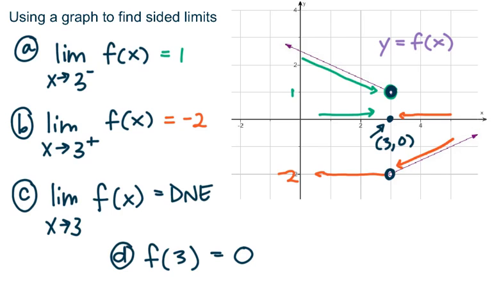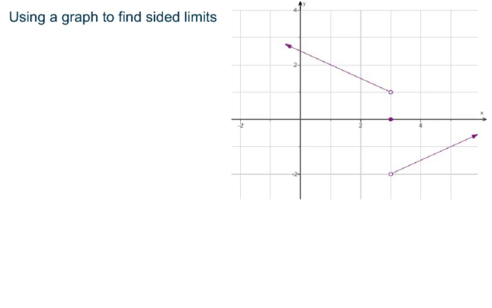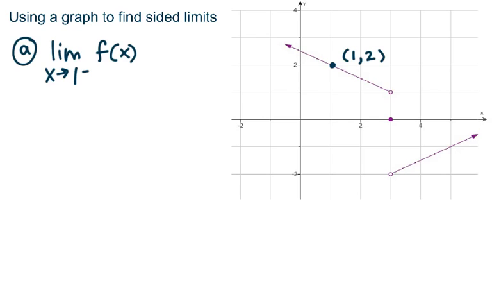So let me look at another example with this problem. Let's consider the point right here, (1, 2). So for part A of this, if I asked you to tell me the limit as x approaches 1 from the left of my function, as we approach 1 from the left, my y value goes toward 2.